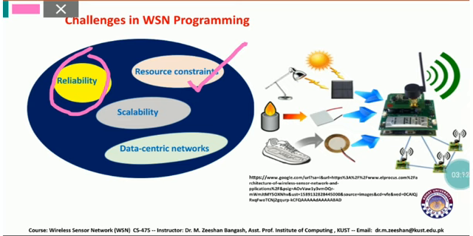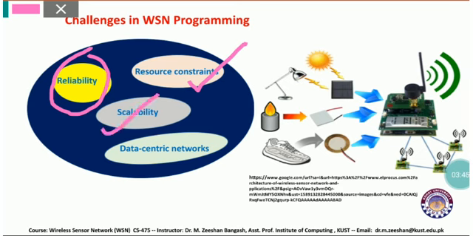Therefore, programming tools and programming models should allow a developer to effectively exploit energy saving techniques and approaches, and at the same time the details need to be hidden from the programmer. The third constraint is the scalability constraint.